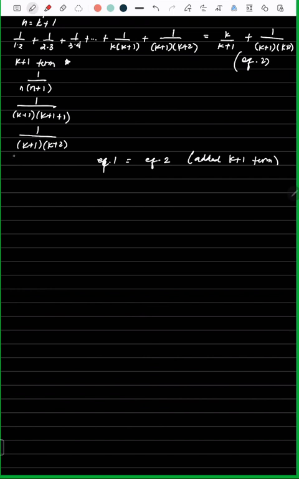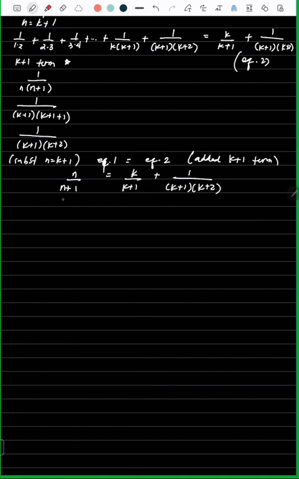So in proving on our step number 3, we are going to prove that equation number 1 is equivalent to equation number 2. Again, this is where we added the k plus 1 term, and this is where we substitute n to k plus 1. So for equation number 1, that is n over n plus 1.